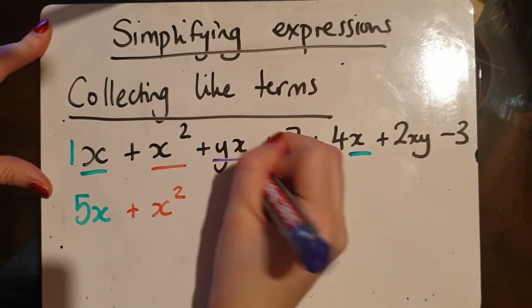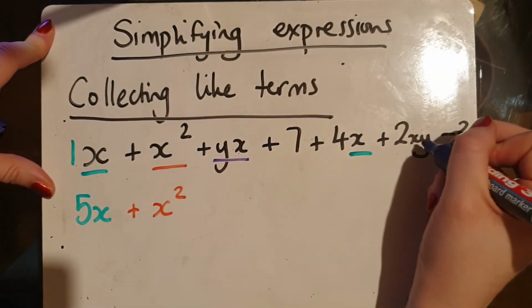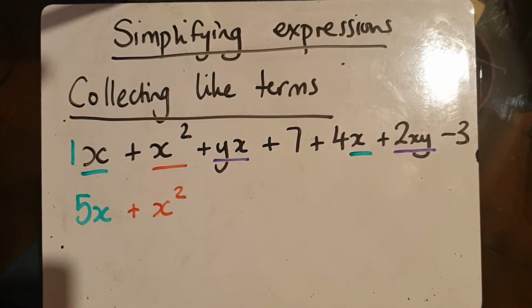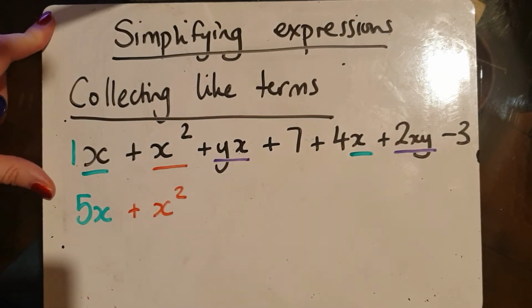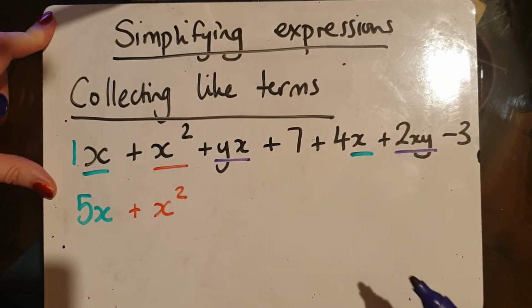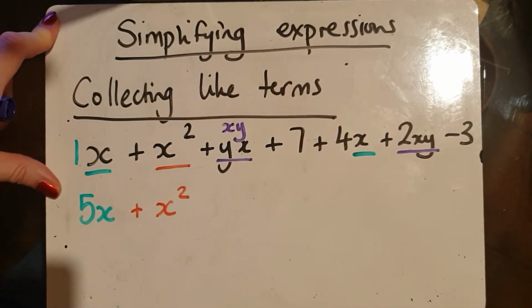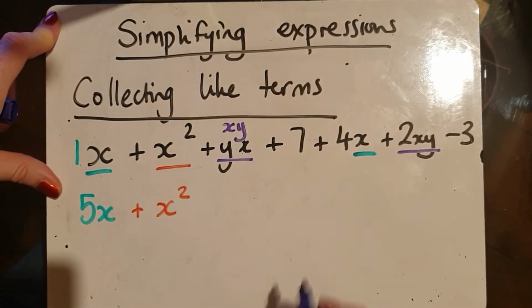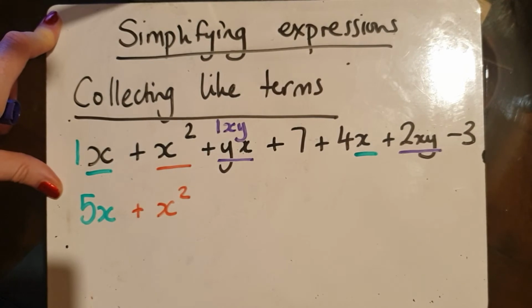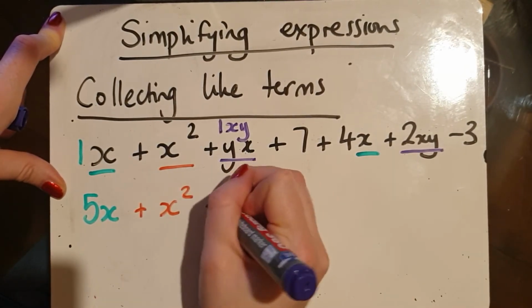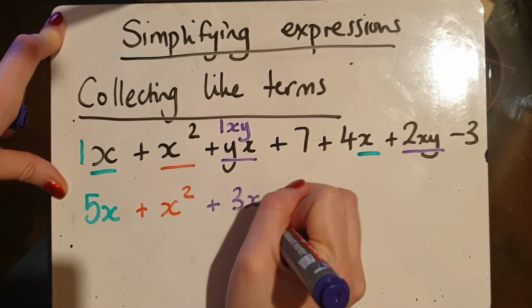We've got yx, and then we've got xy. Now, because of the commutative law, multiplying y by x is the same as multiplying x by y. So we could actually rewrite this term here as xy, and then these are like terms. And again, this really has a 1 in front of it. So that's 1xy plus 2xy, so that simplifies to 3xy.